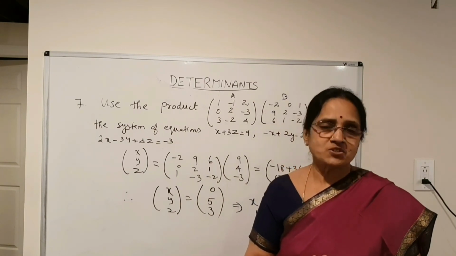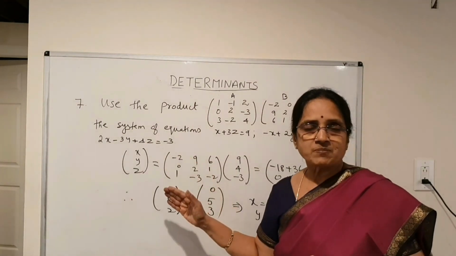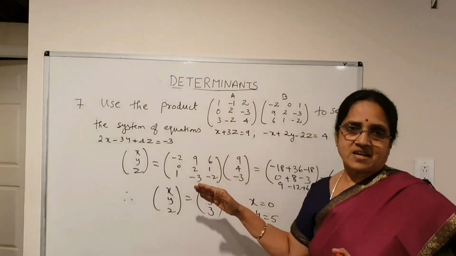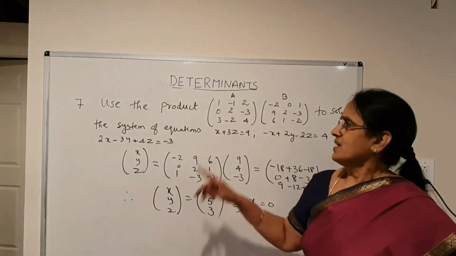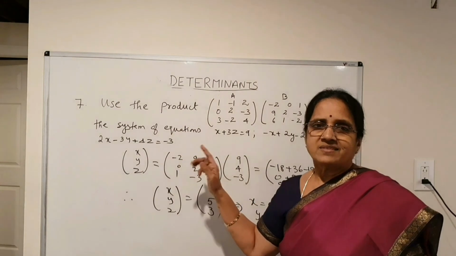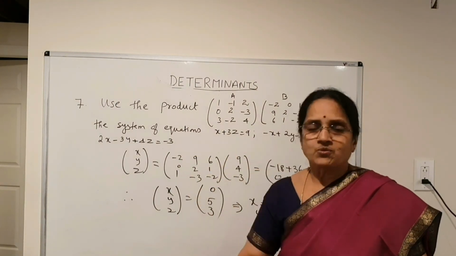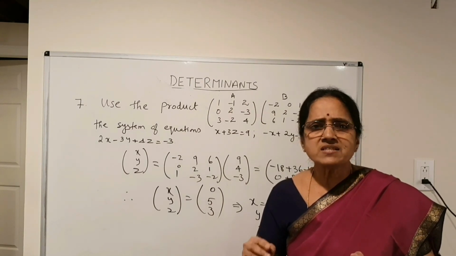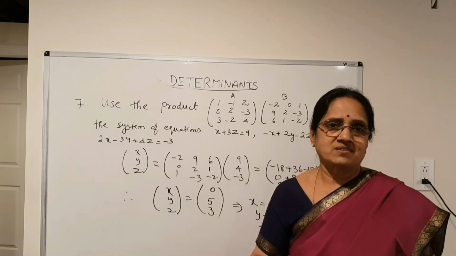So all these points should be kept in mind when you solve the questions of this type using the matrix method. When you attempt the questions of these types, when you get the values of X, Y and Z, substitute in one of the equations, that equation should be satisfied. Then immediately you will get to know that what you have done is correct. Otherwise, you have to check where you have gone wrong and make the correction.